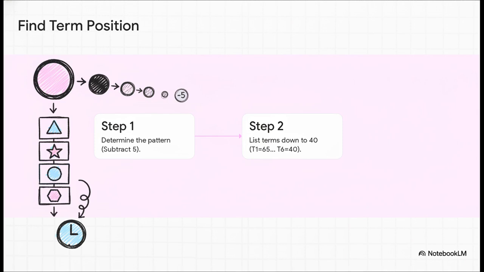Step 2, just list the terms down until we hit our target number. T1 is 65, T2 is 60, T3 is 55, T4 is 50. Continuing that pattern, T5 is 45, and T6 lands us perfectly at 40. Therefore, 40 is the sixth term. By meticulously tracking our T numbers right alongside our values, we literally can't go wrong.